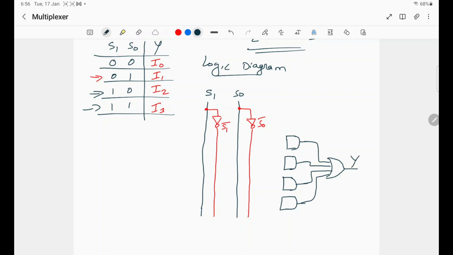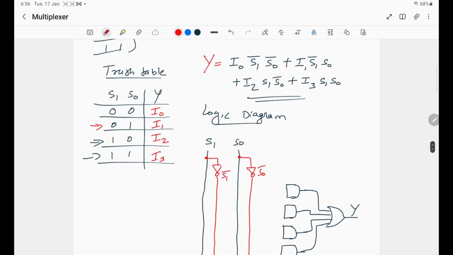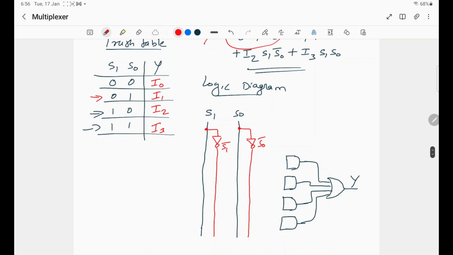So this is the final output. What is the first AND gate? It will multiply I0, S1 bar, S0 bar. So we will draw this S1 bar, this S0 bar and we have I0.